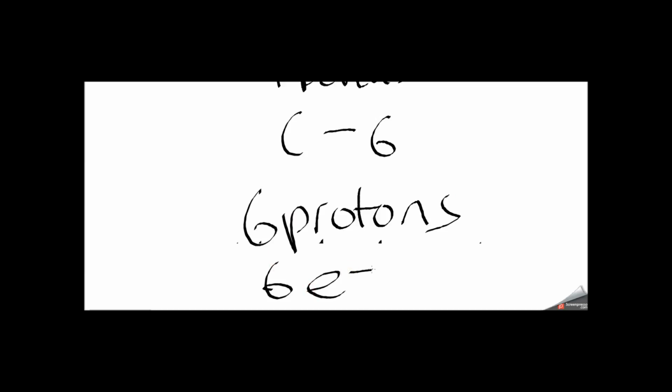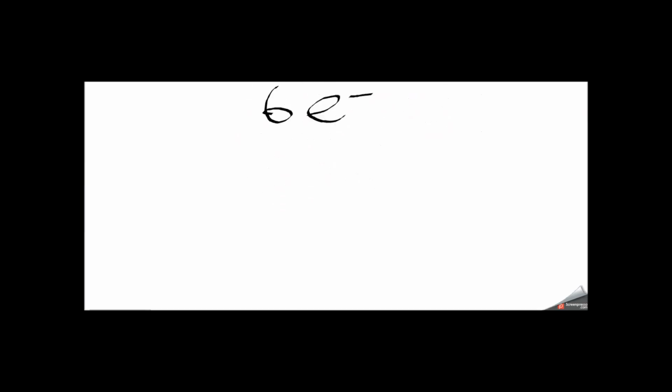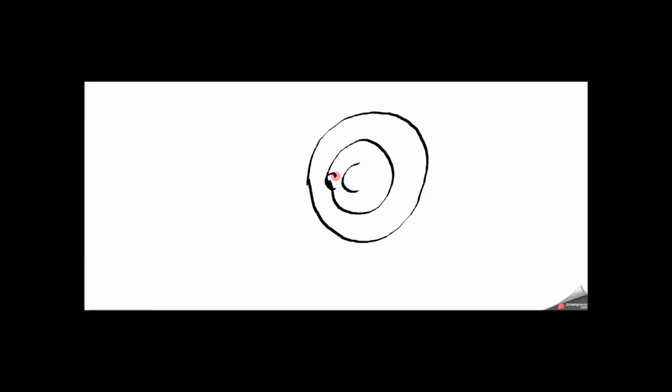The number of neutrons is irrelevant for this. Since it has 6 electrons, if we draw out the shells, let's write C, first shell and second shell. The first shell will have 2 of its electrons, and since we know that carbon has a total of 6 electrons, it means that there are 4 in its second shell.